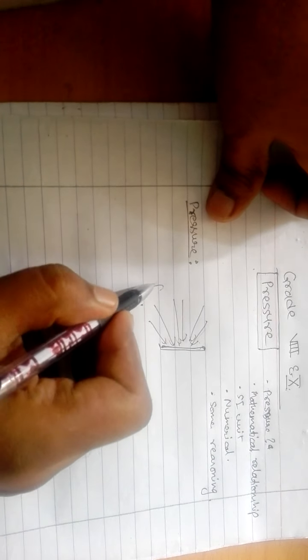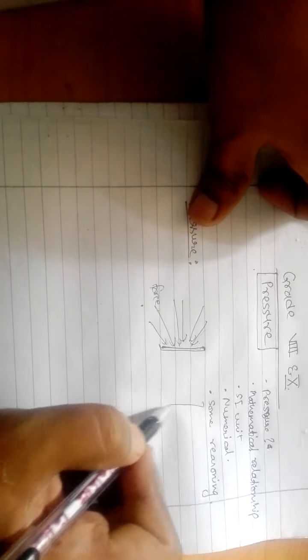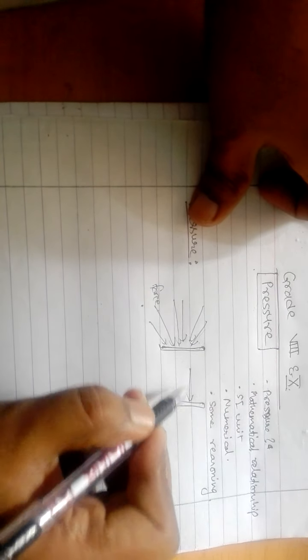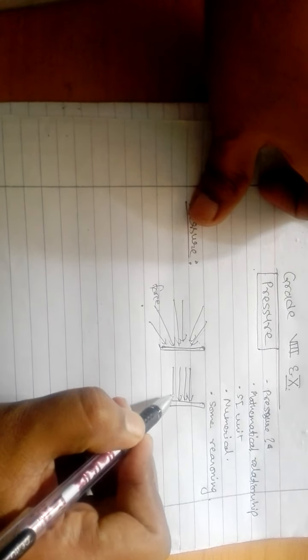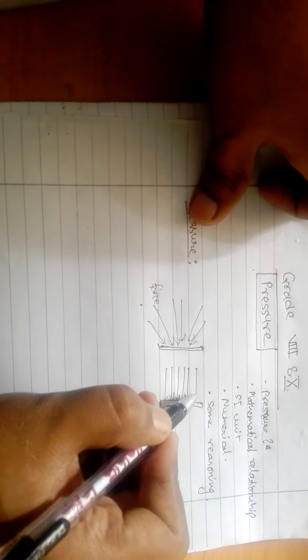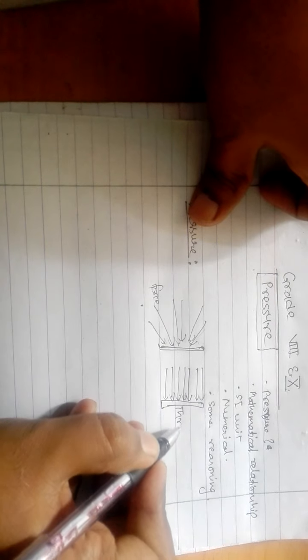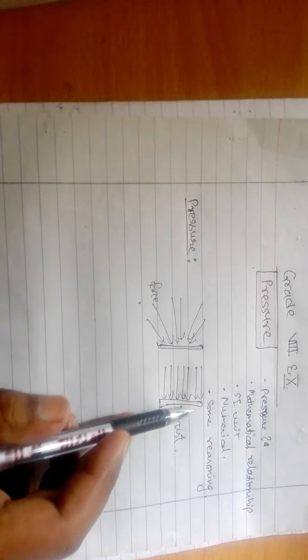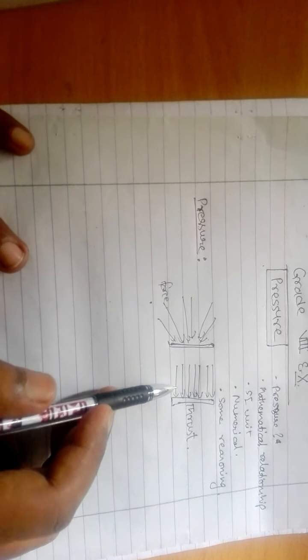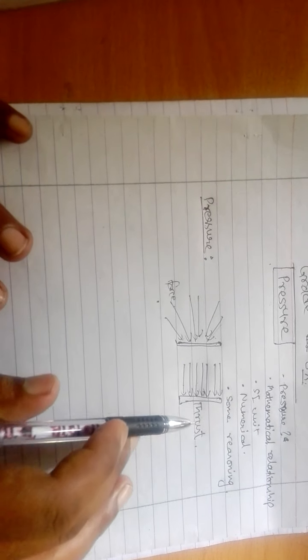That is force. However, if you apply force in the perpendicular direction only, then that is called thrust. The total amount of force applied on a surface perpendicularly is known as thrust.